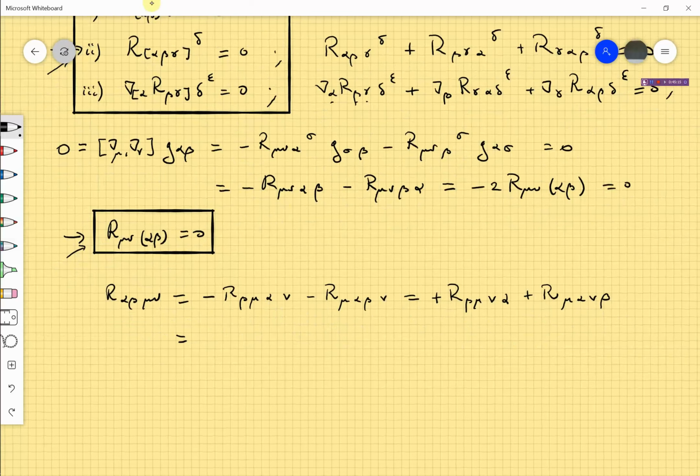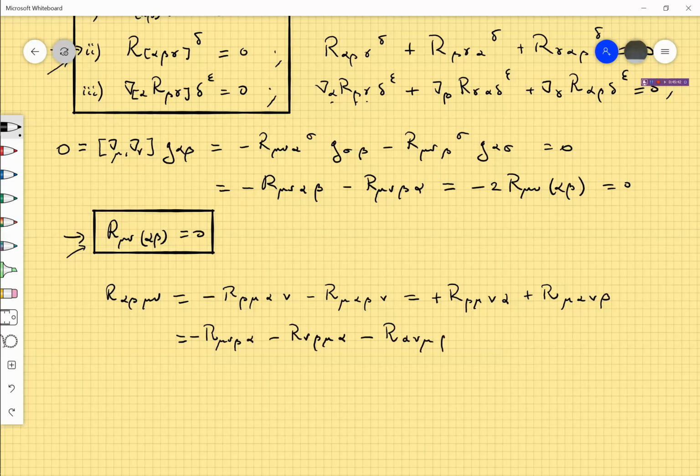So this will be equal to minus R nu beta mu alpha. The last index is untouched, and the other two are permuted cyclically, and here is minus R alpha mu beta minus R mu alpha beta.